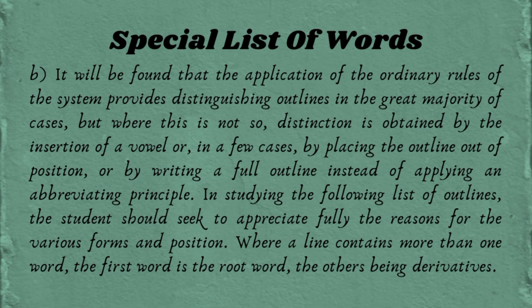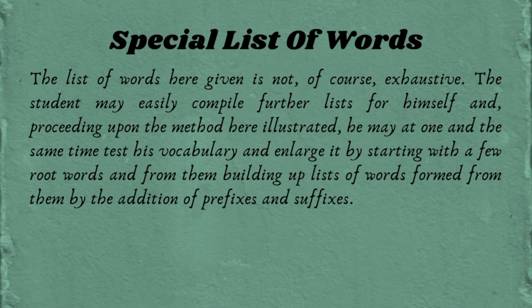various forms and positions. Where a line contains more than one word, the first word is the root word, the other being derivatives. The list of words here given is not, of course, exhaustive.